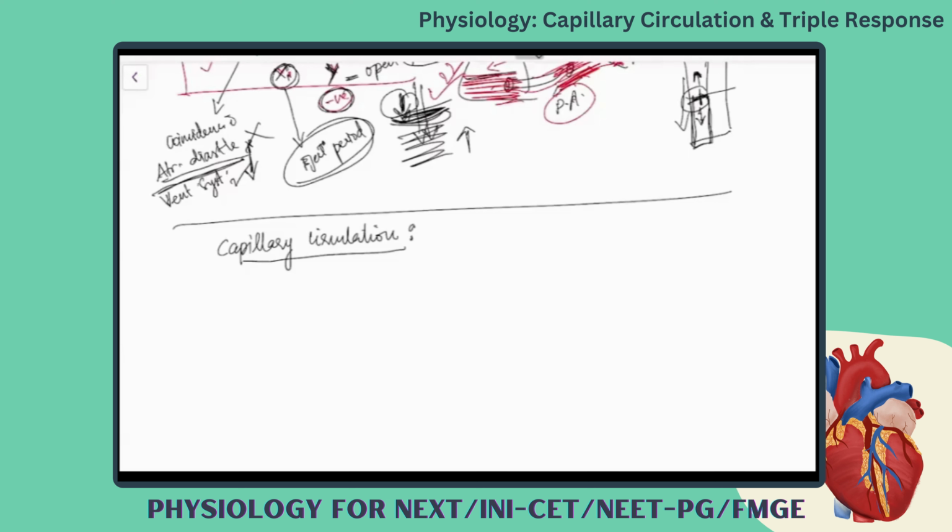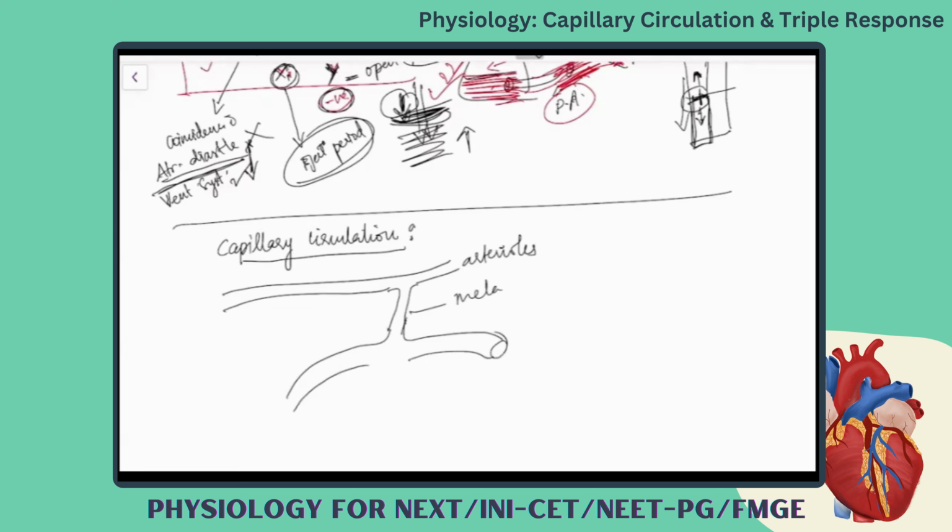To the capillary circulation. In this capillary circulation, majorly you have the arterioles, and these give rise to the capillaries, mainly called the meta-arterioles, and this further gives so many divisions.